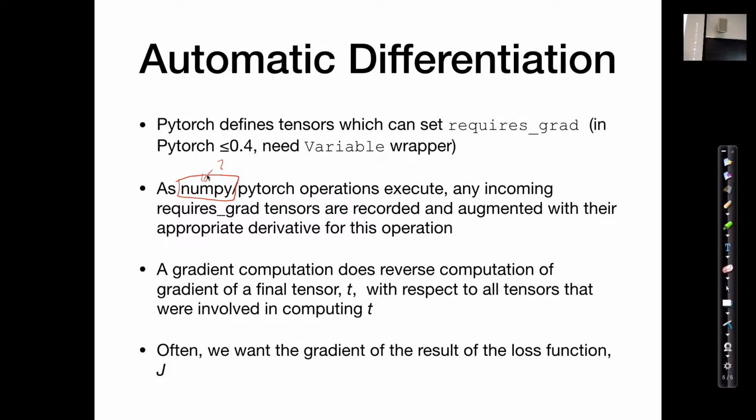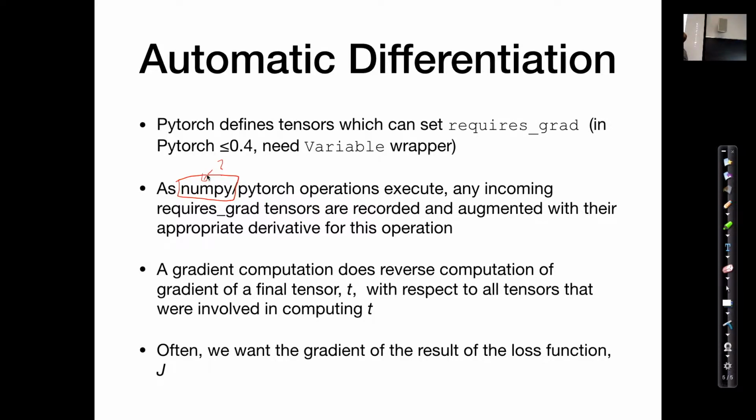So it saves the incoming tensors, and then augments this tensor with an appropriate derivative. And since there are only so many PyTorch operations, all of them have their derivatives predefined. In many cases, in CUDA, so it's going to operate very quickly.